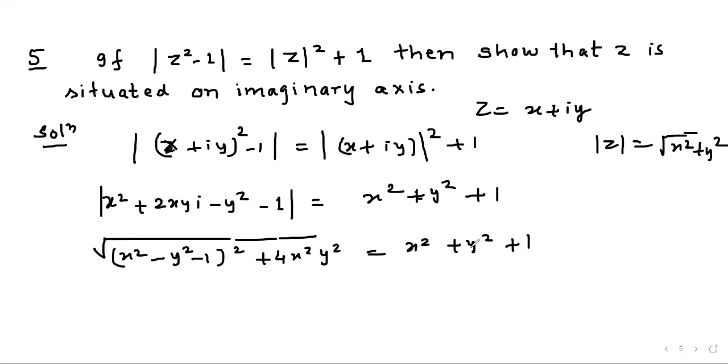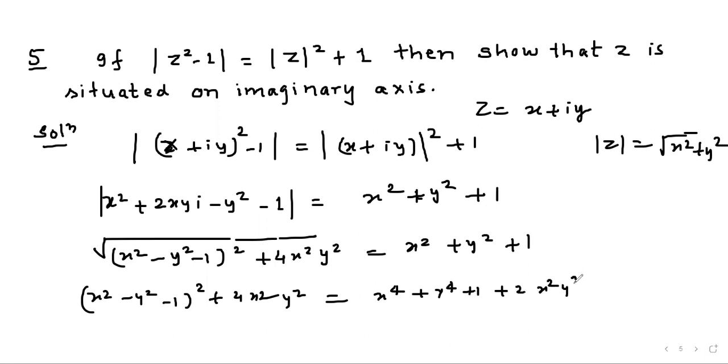Now we can square both sides. So x square minus y square minus 1 whole square plus 4x square y square equals, here a plus b plus c whole square is a square plus b square plus c square plus 2ab plus 2bc plus 2ca can be applied. So it will become x power 4 plus y power 4 plus 1 plus twice of x square y square plus twice of y square into 1 plus twice of 1 into x square.